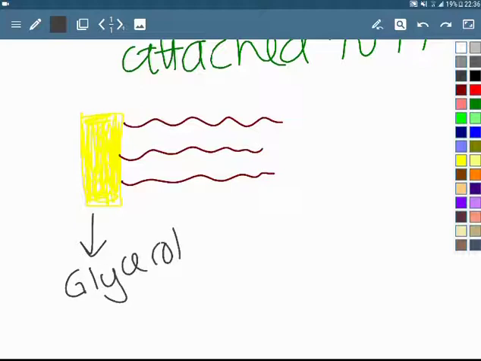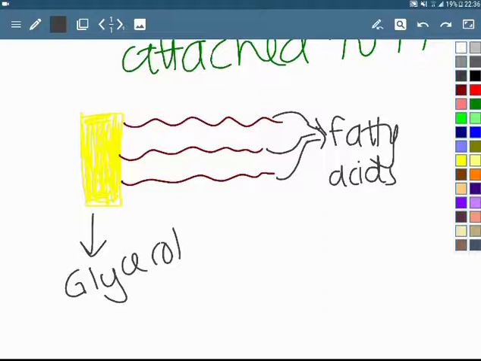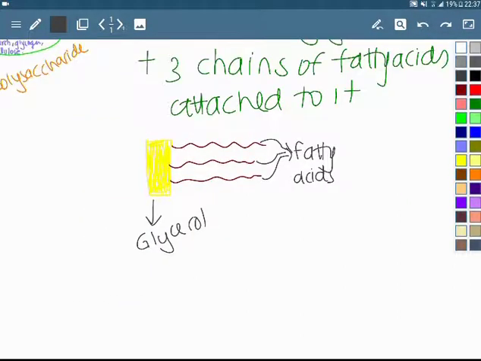So it's 1 unit of glycerol and 3 units. So this, and this is fatty acids. Okay, so this curve, this chain is called a fatty acid. Okay, the whole thing is called a fat or a lipid, or fats, lipids, or oils.